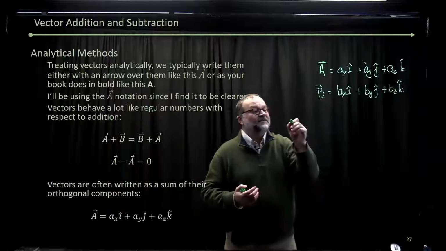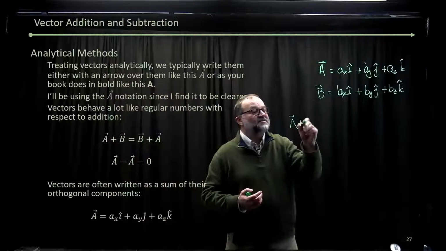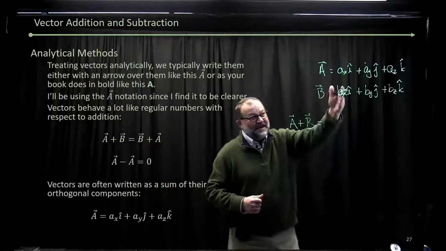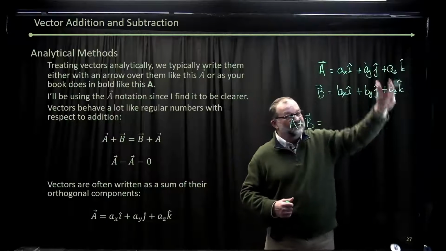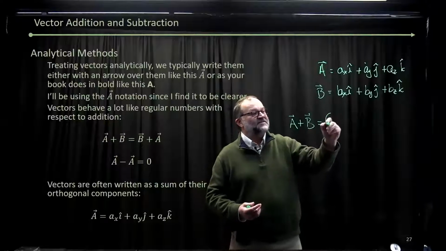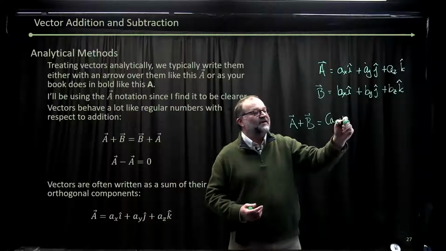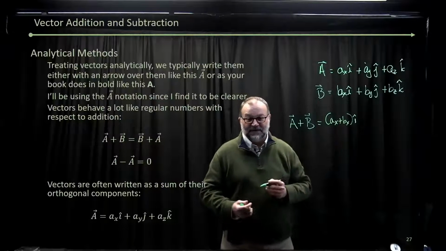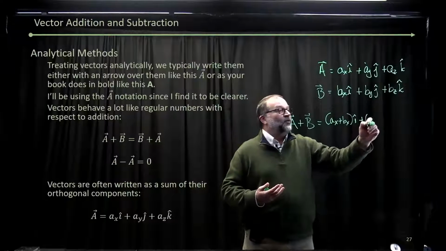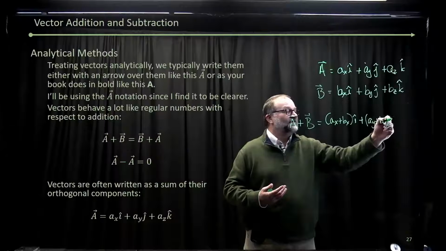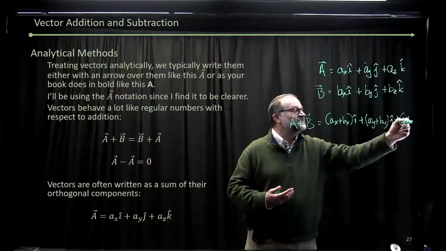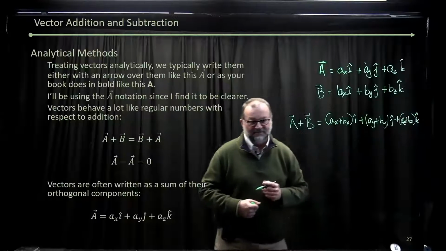And you want to add A plus B. Well, these are vectors. X has nothing to do with Y, has nothing to do with Z. And so you have to add just the X pieces, AX plus BX i hat. Don't mix and match, all right? AY plus BY j hat, AZ plus BZ k hat.